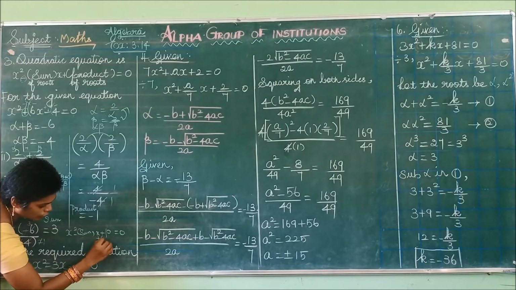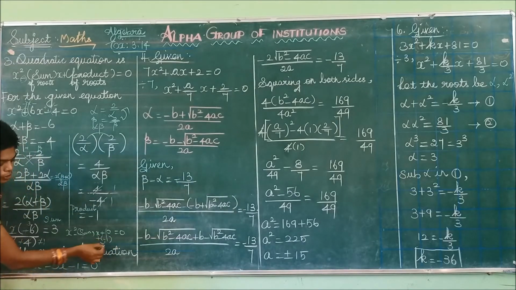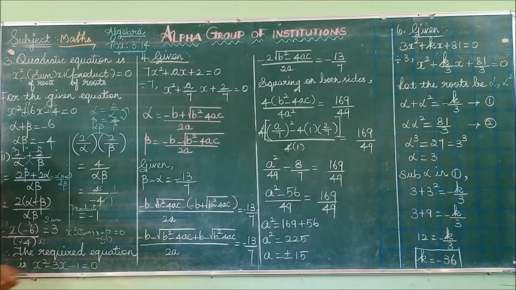So plus into minus 1, plus into minus is minus 1, which is equal to 0. So the required equation is x squared minus 3x minus 1, which is equal to 0, whose roots are 2 by alpha and 2 by beta. From x squared plus 6x minus 4, which is equal to 0, using the roots alpha beta, we have found out the required equation using these roots 2 by alpha and 2 by beta.